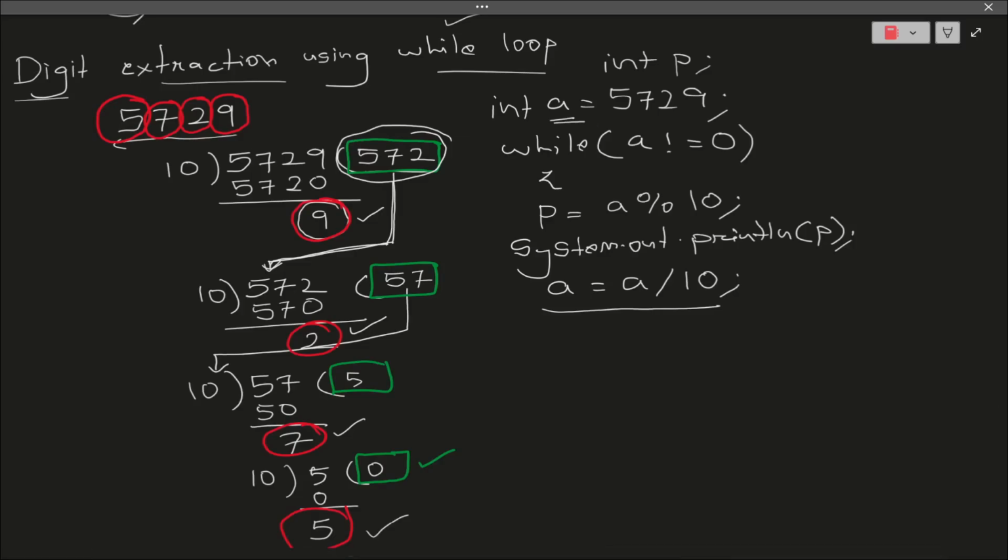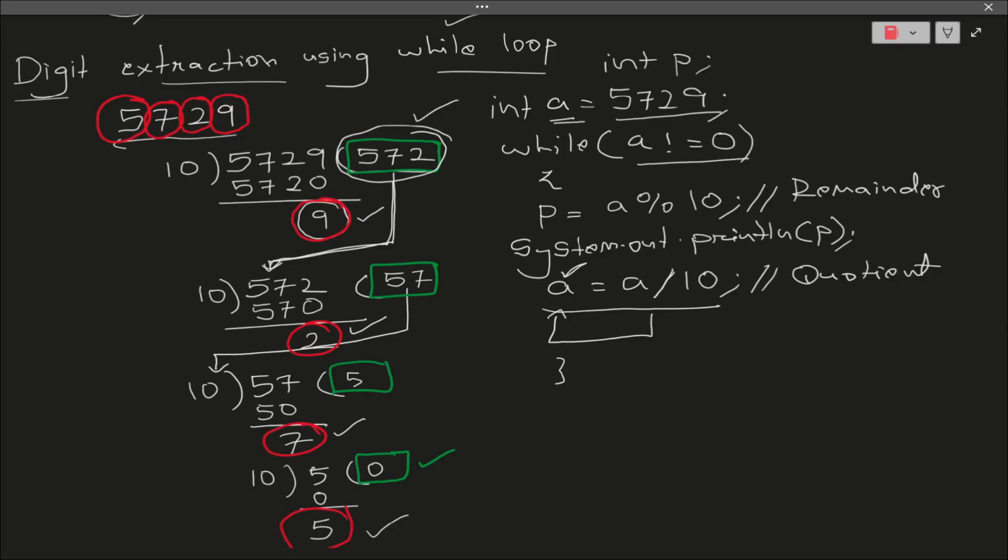So next time whenever you use a, it will not be 5729, it will be the quotient, because we know this gives us the remainder and this gives us the quotient. I am storing it in a. So next time whenever this is compared, my a will not be 5729 but 572.